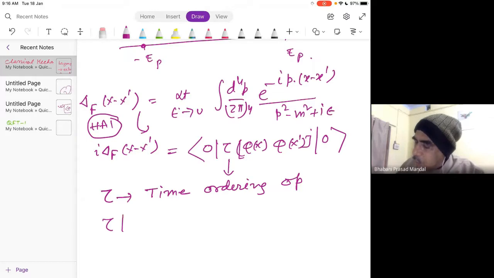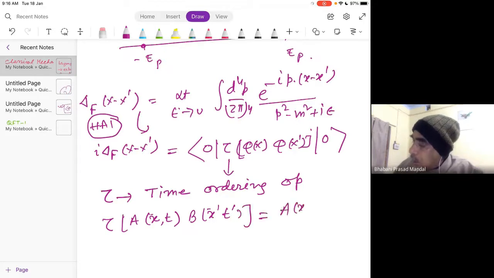Suppose I have two operators, A(x, t) and B(x prime, t prime), where x is a 3-vector. The result will be A(x, t) B(x prime, t prime) if t is greater than t prime.